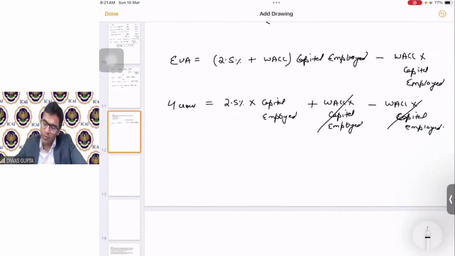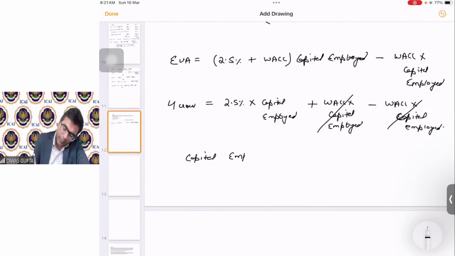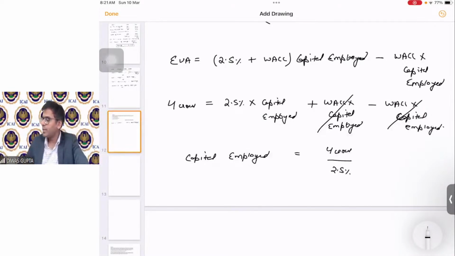I can actually cross this out: plus WACC into capital employed minus WACC into capital employed. So capital employed becomes 4 crores divided by 2.5%, students. 4 divided by 2.5% is 160 crores.